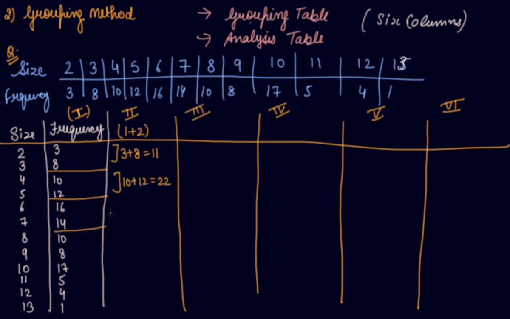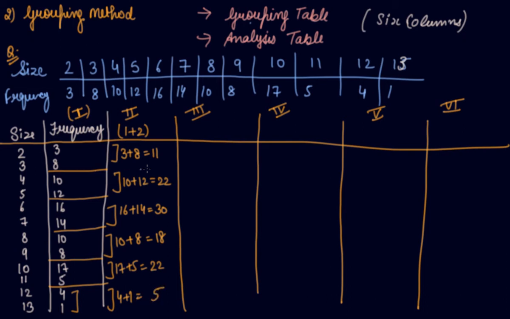Then 16 plus 14 is 30. Then 10 plus 8 is 18. Then 17 plus 5 is 22. Then 4 plus 1 is 5.